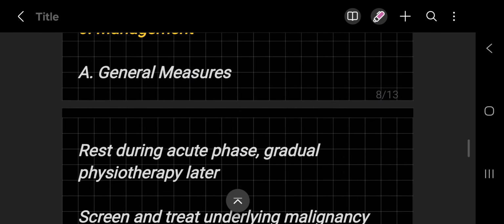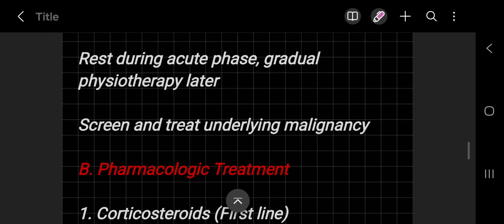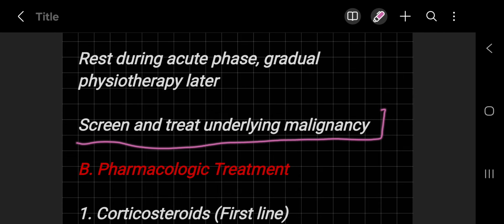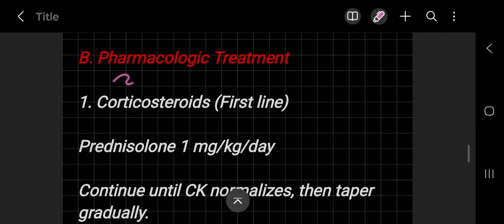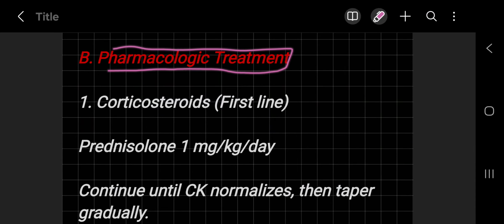How will you manage this condition? There are general measures. The patient should rest during the acute phase of the illness. The patient may require physiotherapy in later disease. Screen and treat any underlying malignancy if it is associated with dermatomyositis. Now we come to the main treatment. The main treatment is pharmacologic treatment, and it depends mostly on corticosteroids.